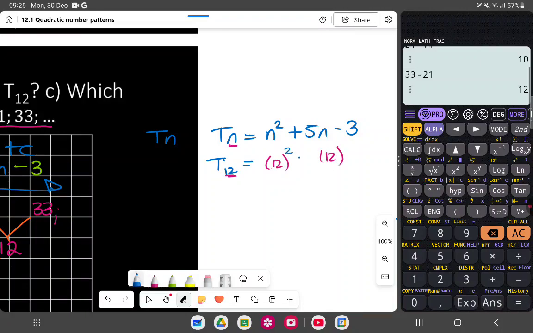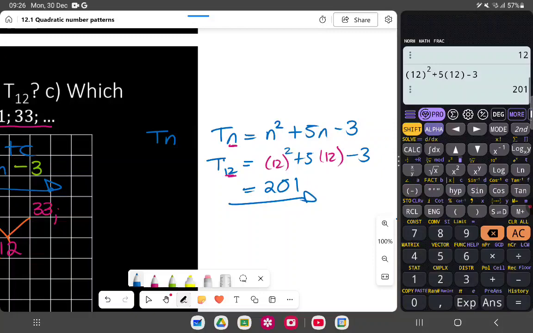It's going to be 12 squared plus 5 times 12 minus 3. Now please look on the calculator. You can input this exactly the way that you write it down. So I'm clearing my screen and I'm now going to say open bracket 12 close bracket squared plus 5 open bracket 12 close bracket minus 3, and that gives me a value of 201.